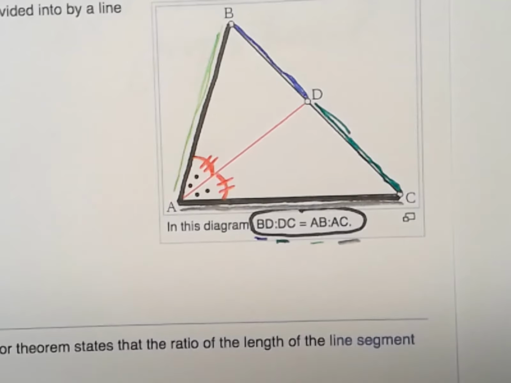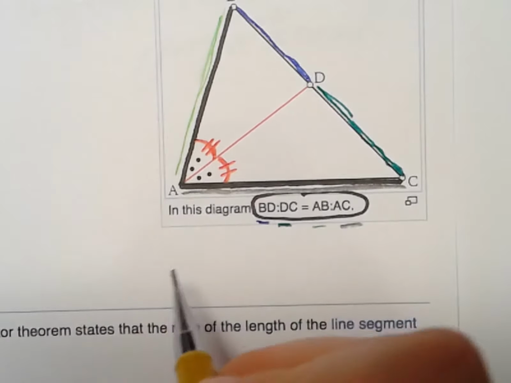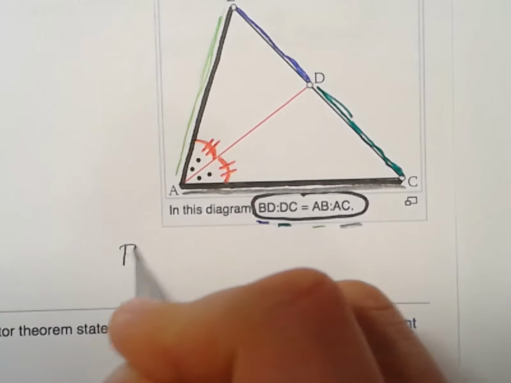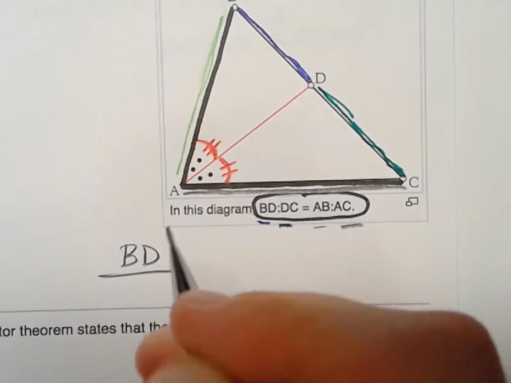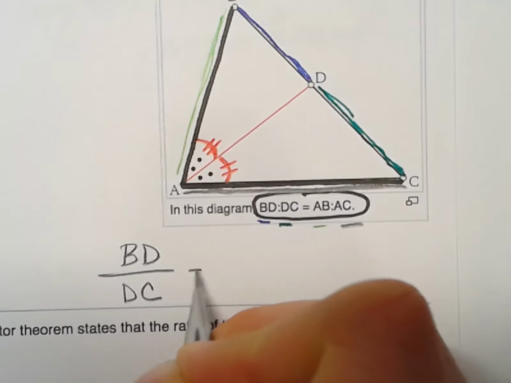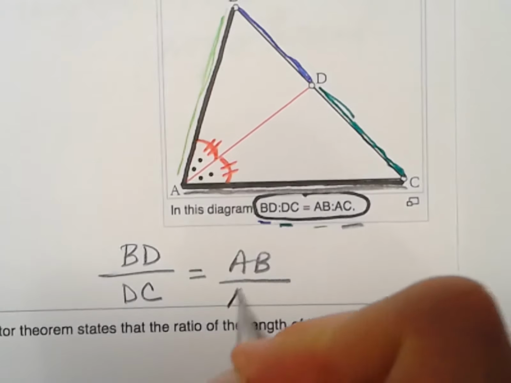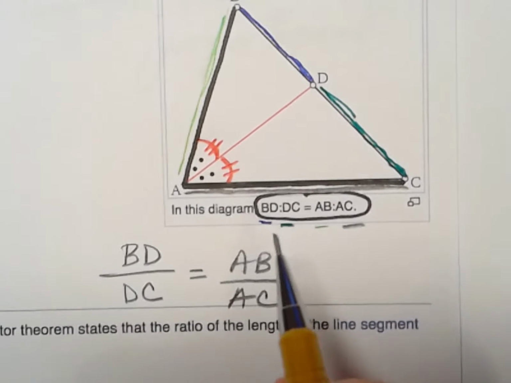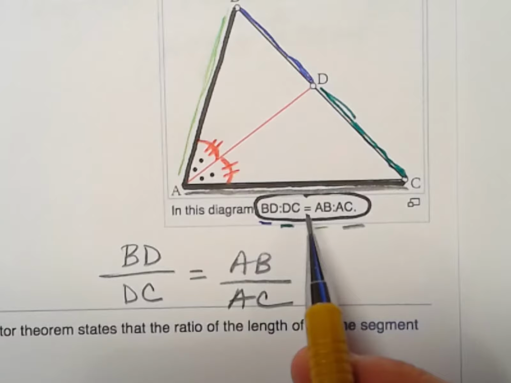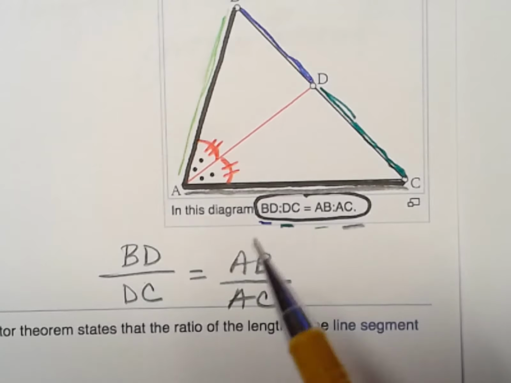So in other words, what this is saying is that BD is to DC as AB is to AC. They're proportional, and so each one of these is a ratio, and the ratios are equal to each other. Ratios are the same as fractions, so it's just setting it up like that.